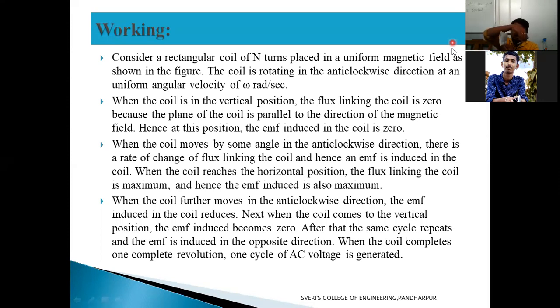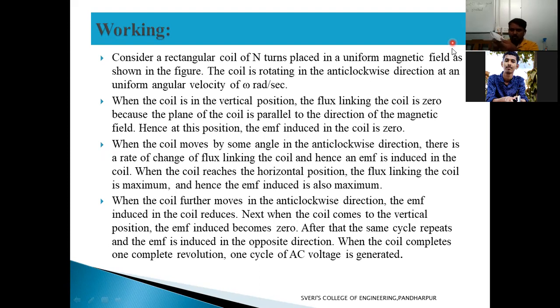All the flux lines are disturbed and connected to this plane, which is now in vertical form. So the EMF induced in this coil is maximum.